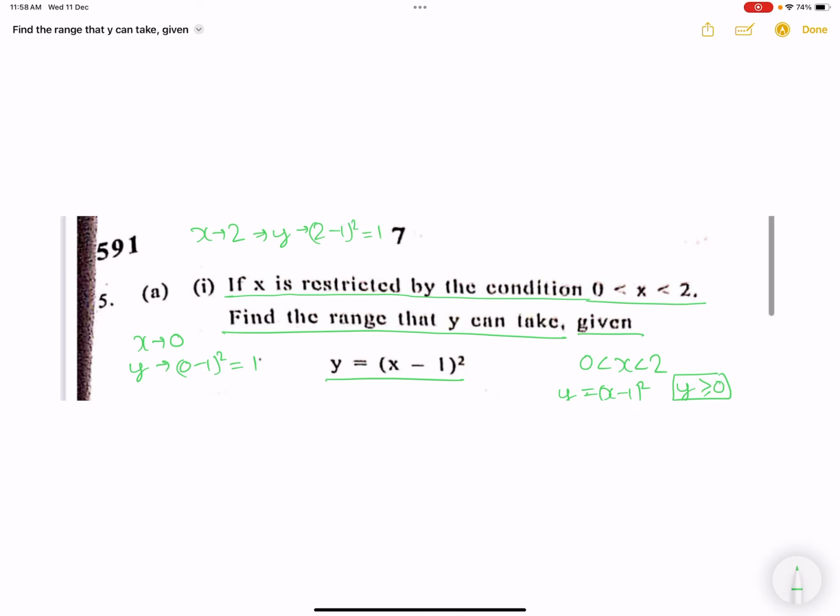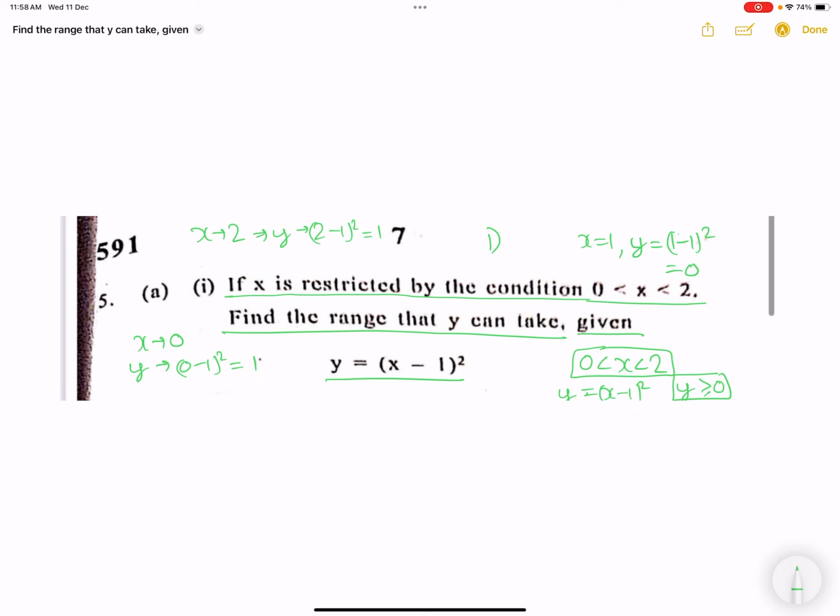So the maximum value that y can take is 1. And since x lies strictly between 0 and 2, y won't be able to take the exact value of 1. And when x equals 1, y equals 1 minus 1 square, which is 0.